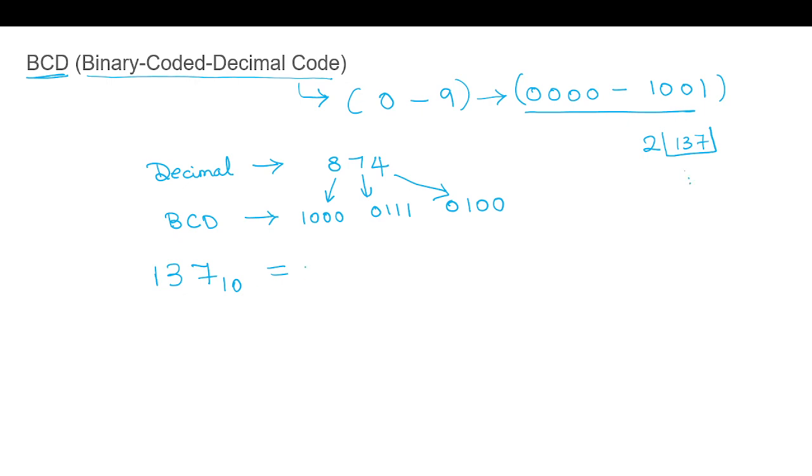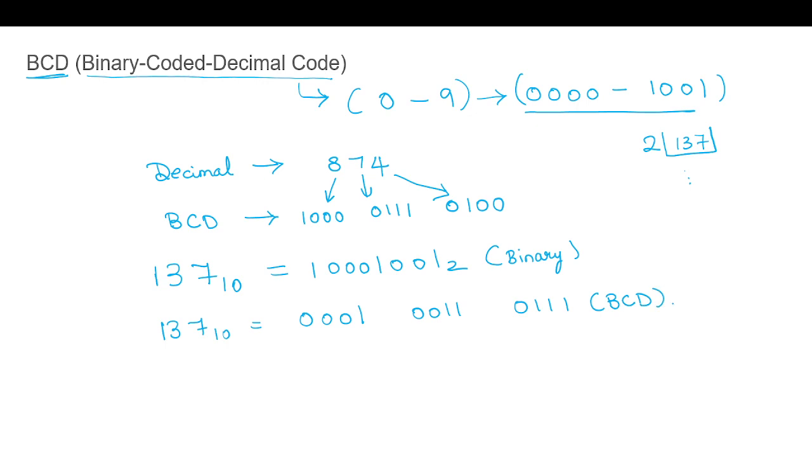If we convert, it is equivalent to this in binary. Whereas in BCD, each digit is a group of 4 bits. So 0001 for 1, 0011 for 3, and 0000 for 0. So this is the representation in the BCD number system.